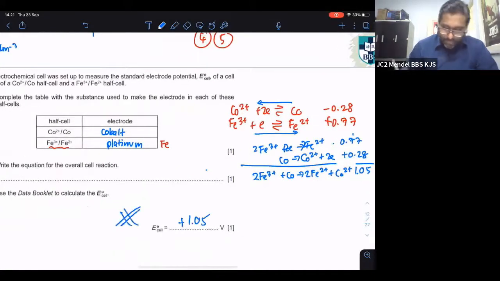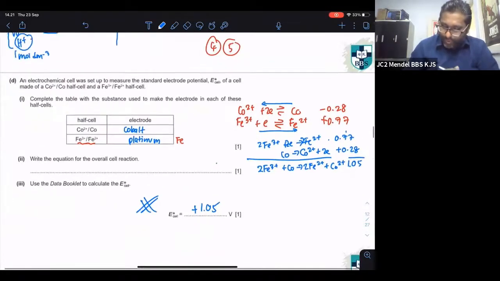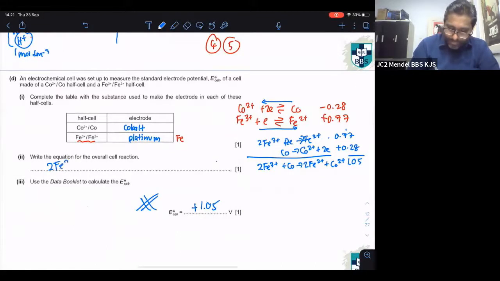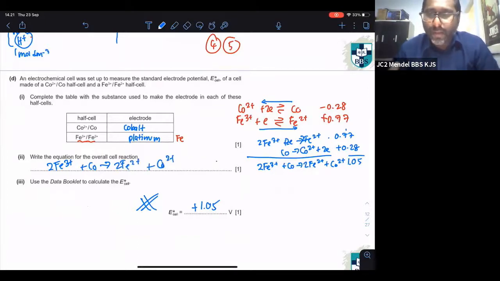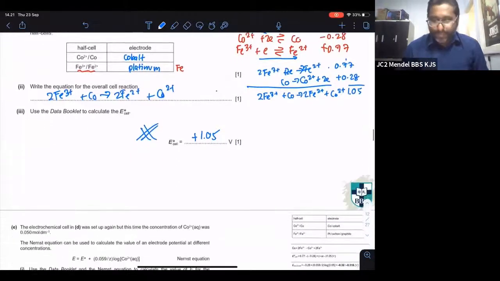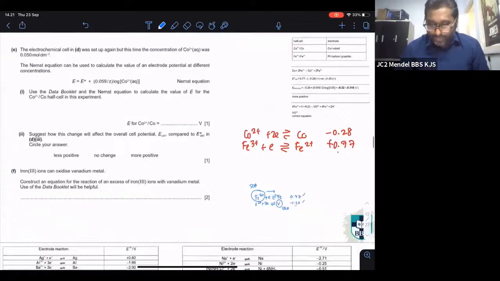Show the way how you get it. You can rewrite what you have: 2 Fe3 plus plus cobalt gives 2 Fe2 plus plus cobalt 2 plus. Don't worry if you couldn't finish writing, I will give you the written version later.